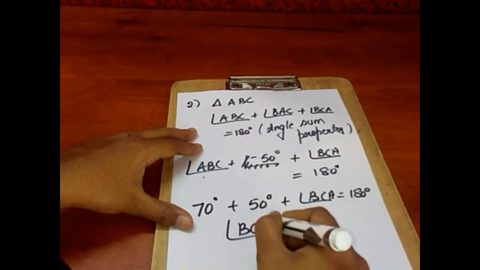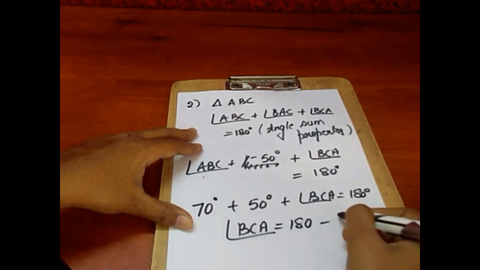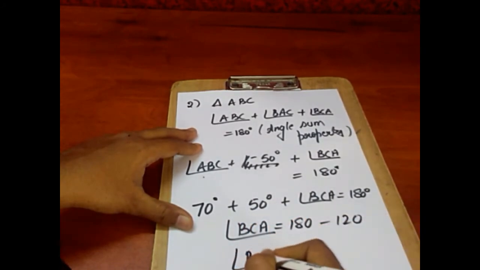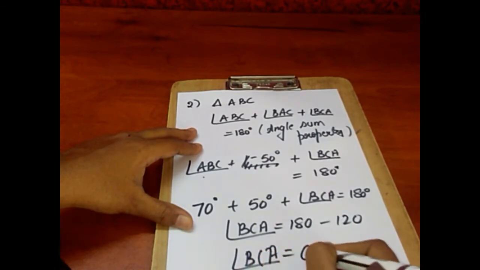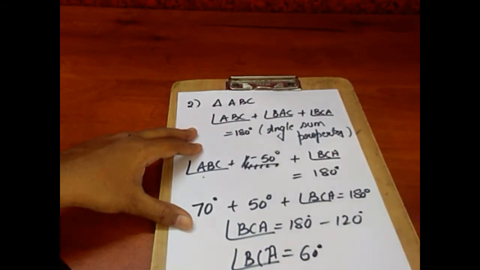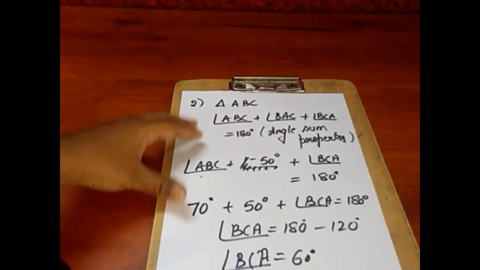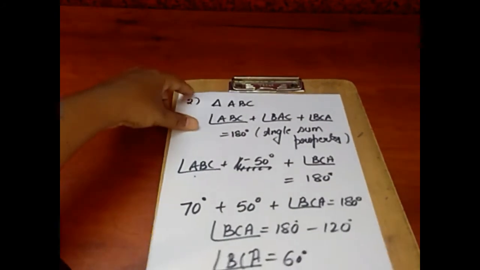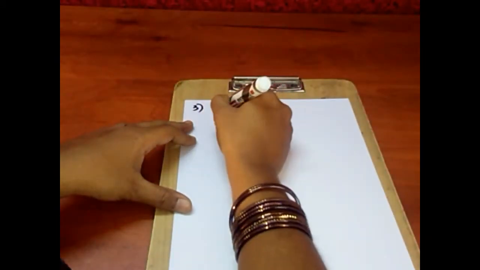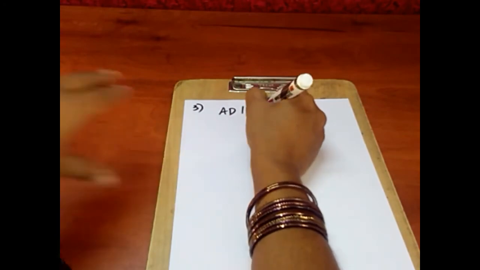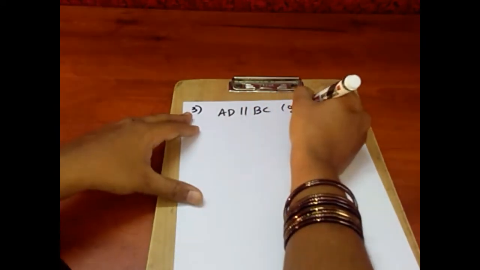So angle BCA is equal to 180 minus 120. Angle BCA is equal to 60 degrees. This is step number 2. With the help of angle sum property, we have proved that angle BCA is equal to 60 degrees. Now step number 3. AD is parallel to BC, which is given.